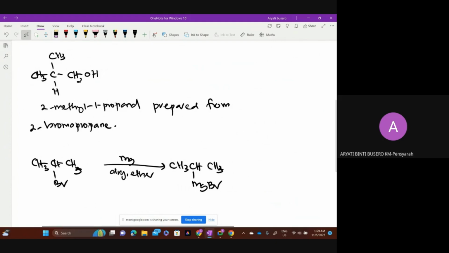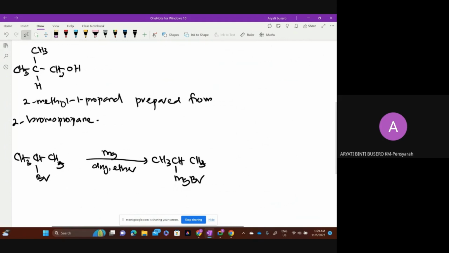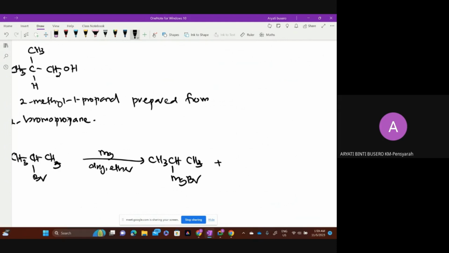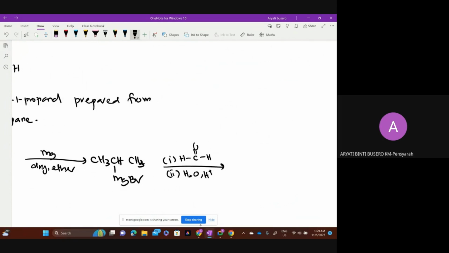So this one we want to make a primary alcohol. So from Grignard to become a primary alcohol, we must add methanal, 1 carbon. Okay, if a Grignard reagent is added with an aldehyde other than methanal, it will become a secondary alcohol. So add methanal followed by hydrolysis. Methanal is HC double bond O H, followed by hydrolysis with water in acidic medium. So C double bond O becomes O, MgBr, and this will attach with CH, CH3, CH3.